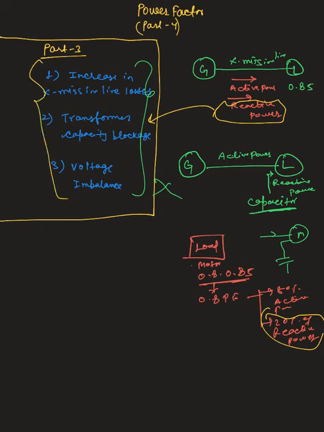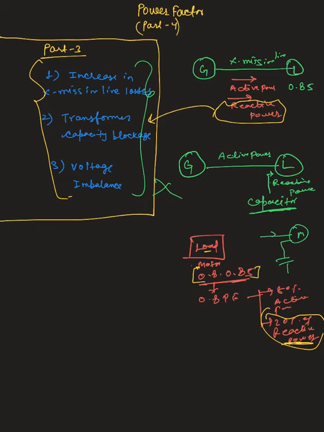So what can be done to actually reduce these problems? We cannot minimize the requirement of reactive power of the load. If there is a motor, it will require a certain amount of reactive power to generate magnetic field. We cannot do anything about it. That is a very fixed thing. So the problem is not because of power factor or the requirement of reactive power by the load.